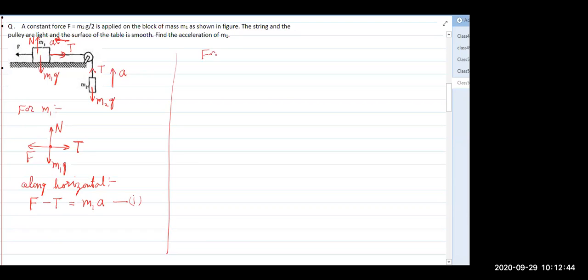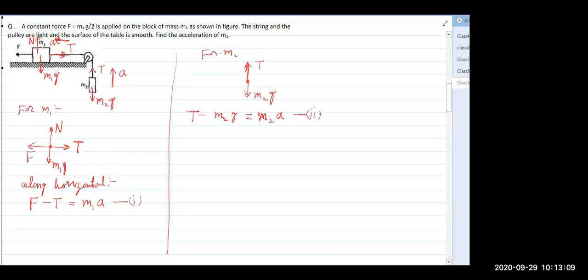Similarly, we do it for the other object. For m2, we have tension up and m2g down, and the system is going up. So tension up minus m2g down equals m2 into a. This is equation 2.